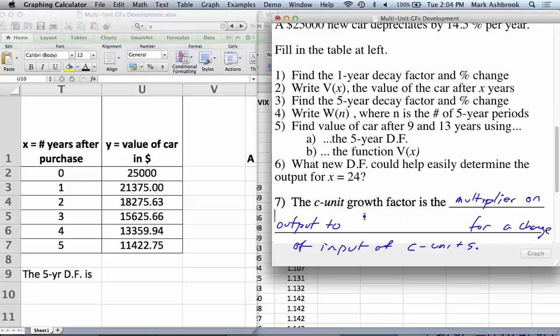That implies the input just increases by 1. So we don't want to use next anymore. So it's a multiplier on the output to get a new output, for a change of input of C units.